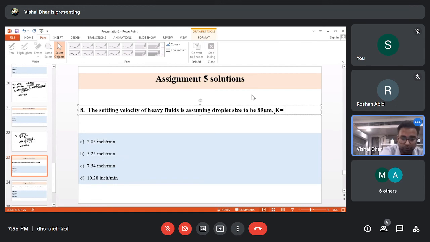It will be 0.163. The K value is 0.163. The four options given are 2.05 inch per minute, 5.25 inch per minute, 7.54 inch per minute, and 10.98 inch per minute.